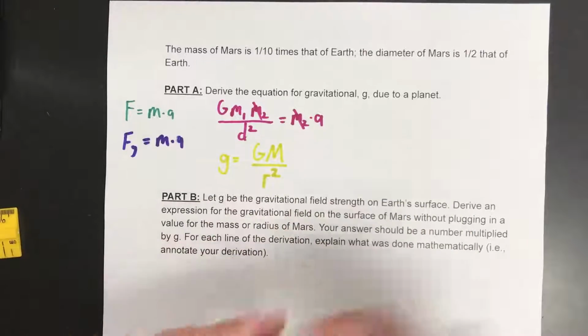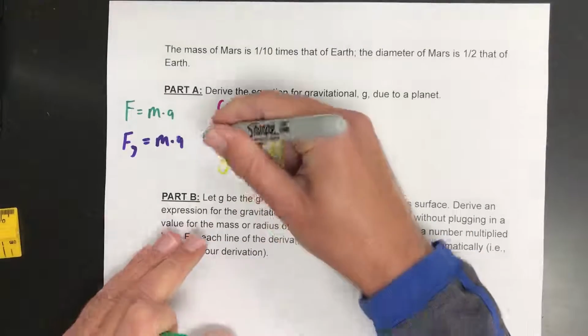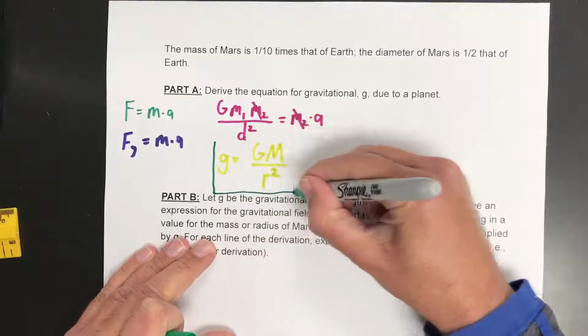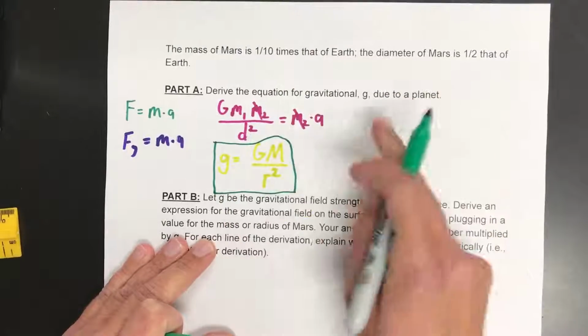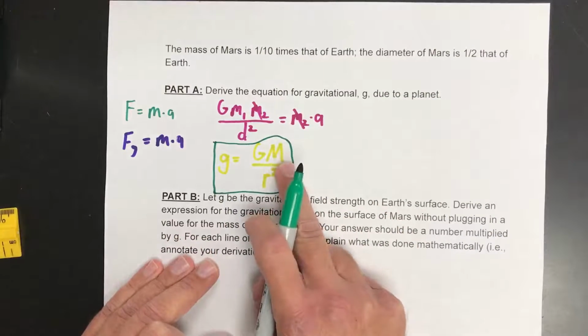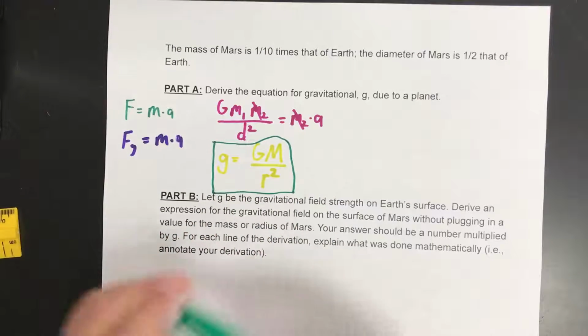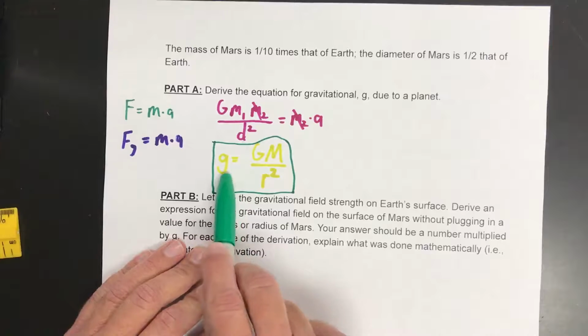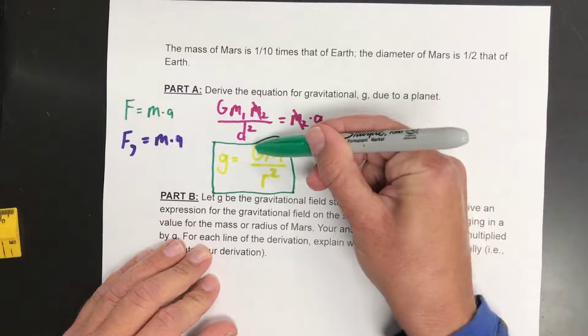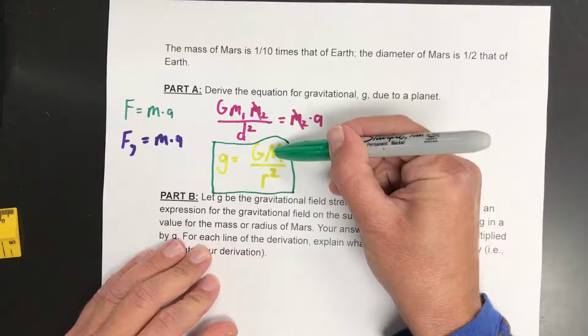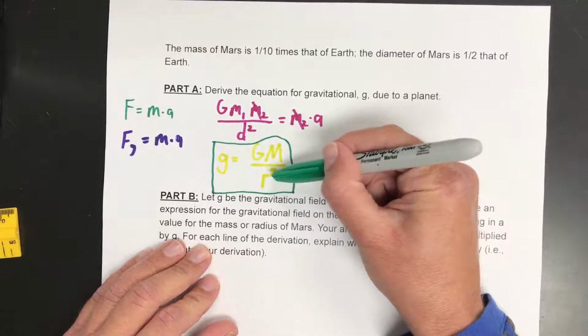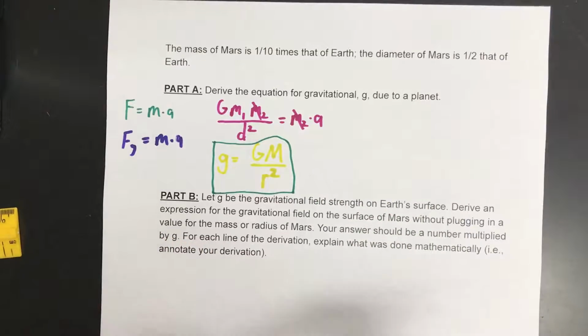So this is how we find the gravitational acceleration of any planet. And this, by the way, goes for the apple as well. It's just that the apple has such a small mass that its acceleration due to gravity is basically 0. So the reason g is 9.8, roughly 10 on Earth, is that if you took the universal gravitational constant times the mass of the Earth, divided by the radius of the Earth squared, you'd get 9.8.